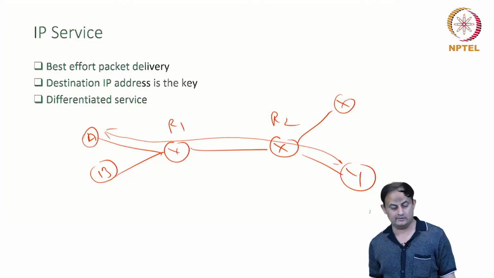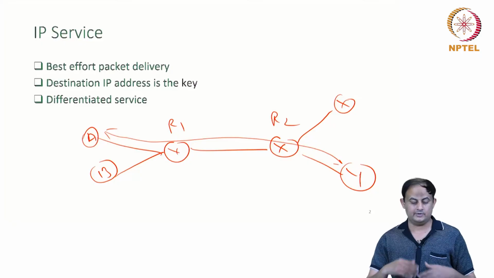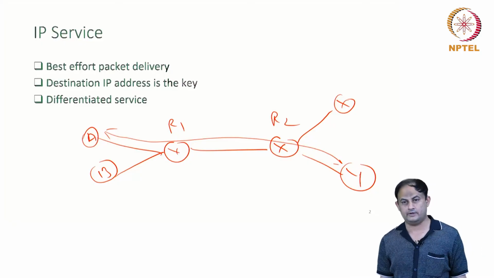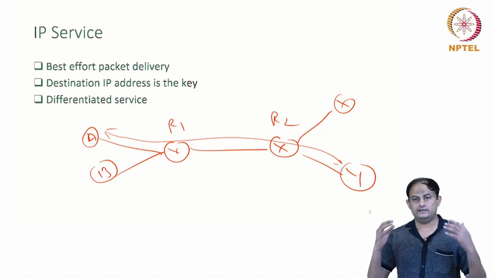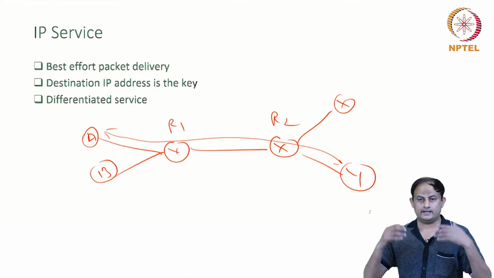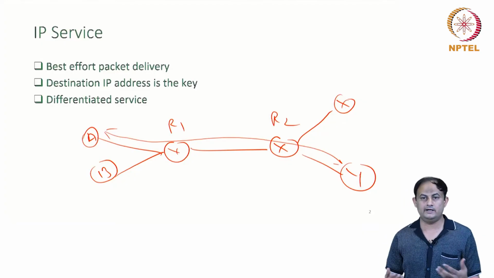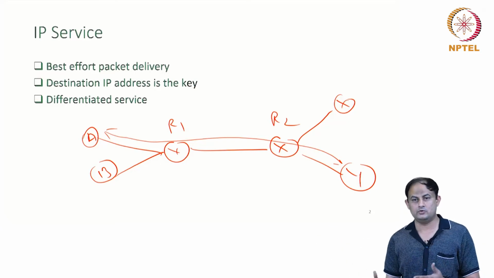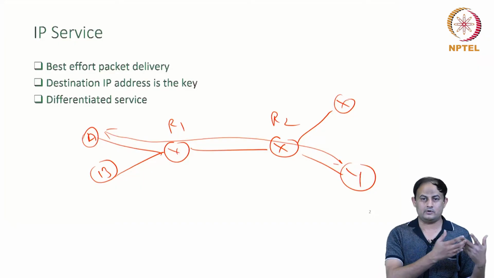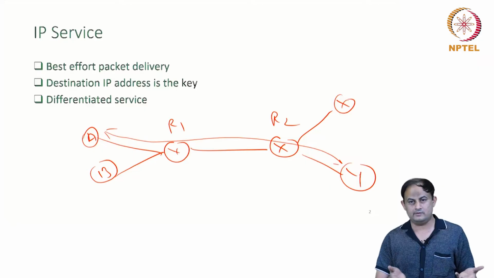While A and B have their communication, and B and X or B and A talk to each other, you will have a different priority assigned. So I can tell the routers in the network to provide differentiated service based on who is talking to whom, what kind of protocol is being used, whether they are directly connected to the same router, or based on so many other parameters.